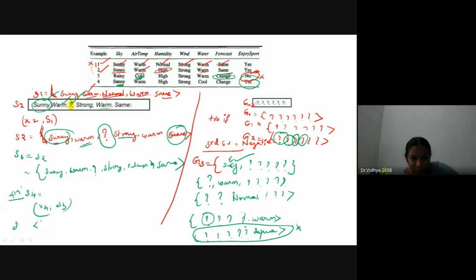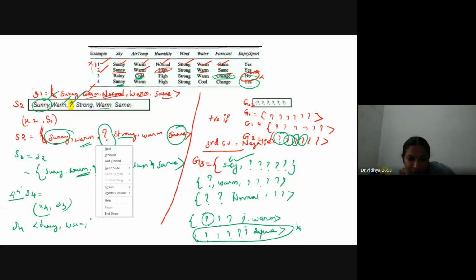You can write S4 as sunny, as both are the same. In the second attribute, warm: here also it is warm, so you will write it as warm. The third one is humidity. Its value is high in X4, but here it is given as the question mark.